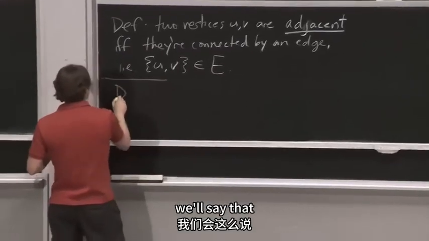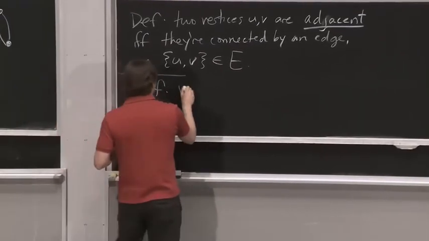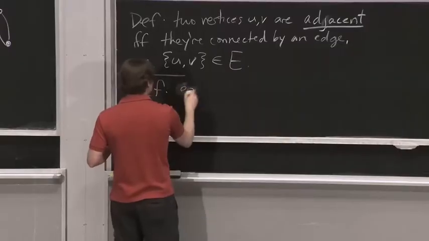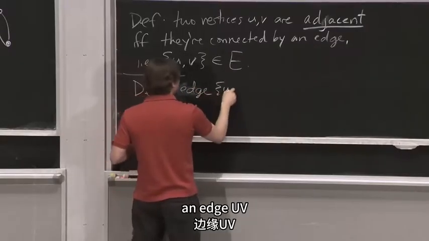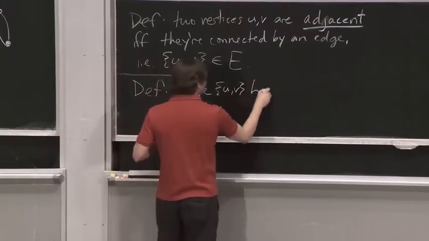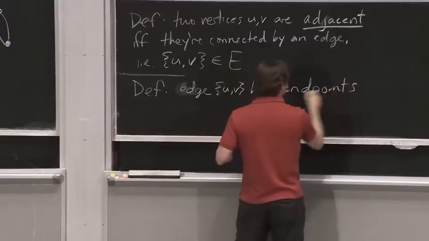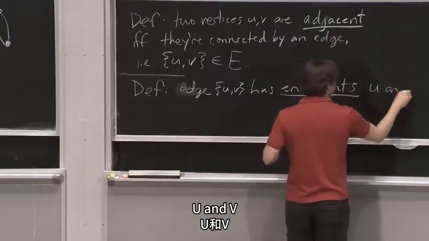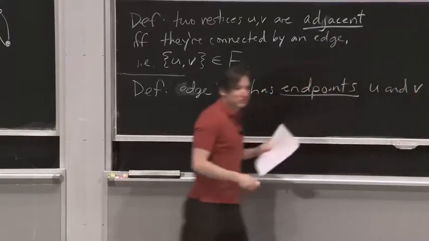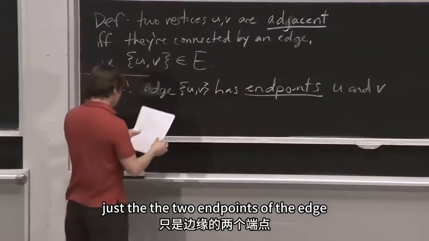We'll say that an edge uv has endpoints u and v, just the two endpoints of the edge.